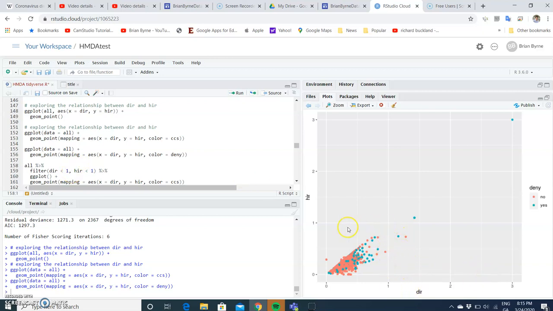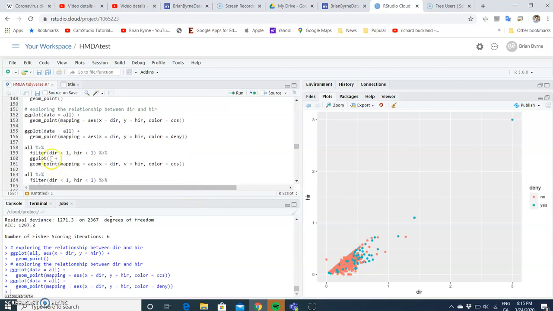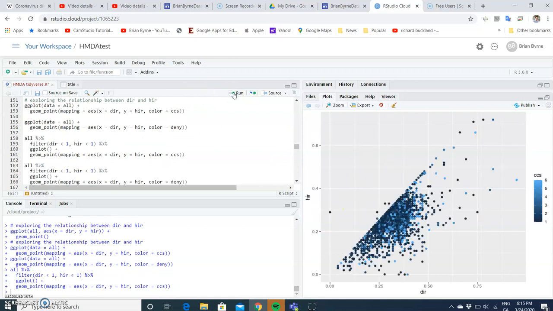Perhaps we can just take this quadrant, and we can do that using the filter, which means just pick out those rows that have DIR less than 1 and HIR less than 1. Then the pipe operator performs the ggplot, and then the same graph as before. Let's run that snippet of code and see what we get, with the color related back to the credit score.